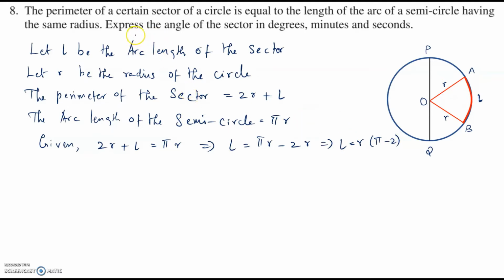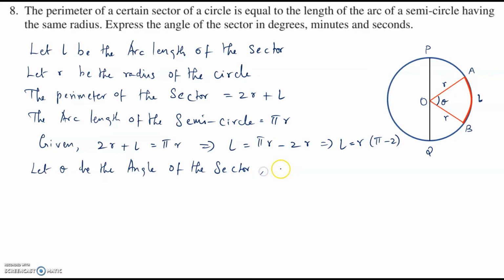Okay, so what are we asked to find? Express the angle of the sector in degrees, minutes and seconds. So you need to find this angle theta. If I define this angle here as theta, then let theta be the angle of the sector.